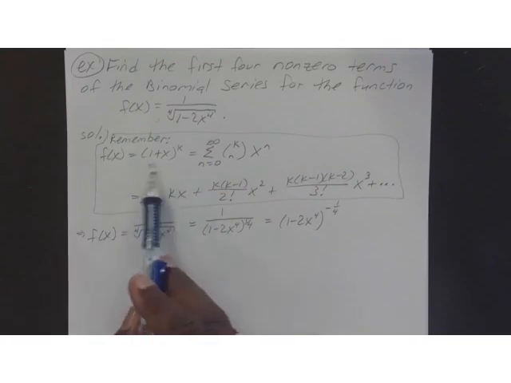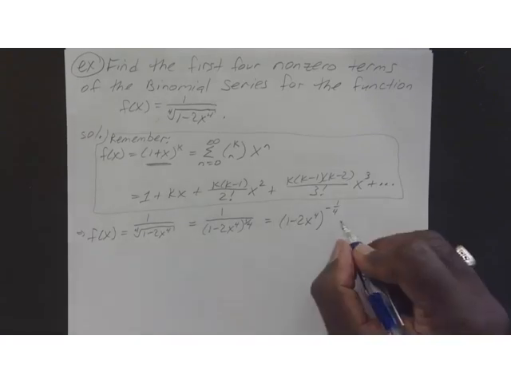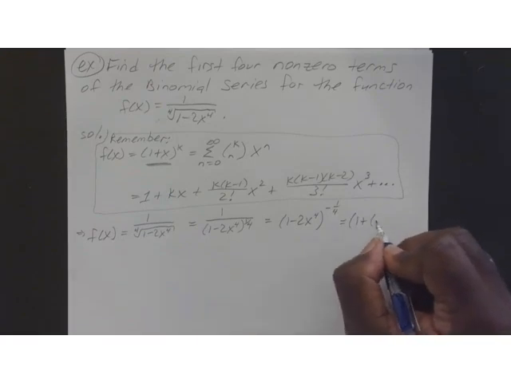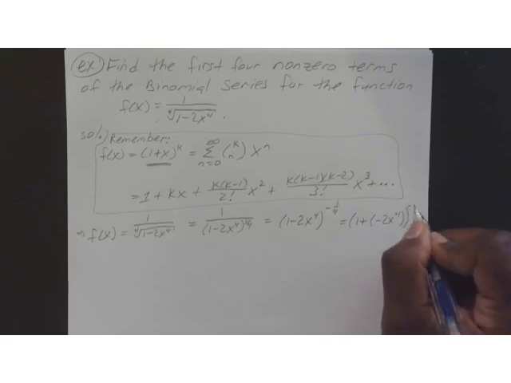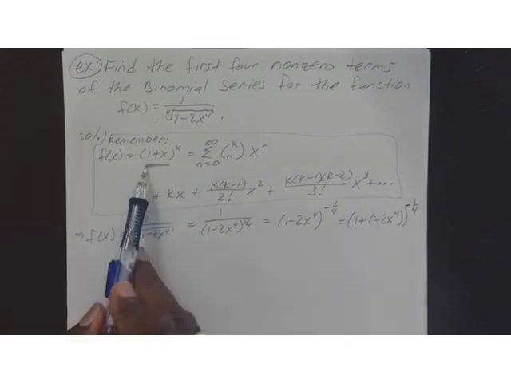Okay, but remember, we want it in this form. So we can't have that minus, so we have to rewrite it one more time. So it's 1 plus negative 2x to the fourth power to the negative 1/4 power. Okay. Now this matches this form.